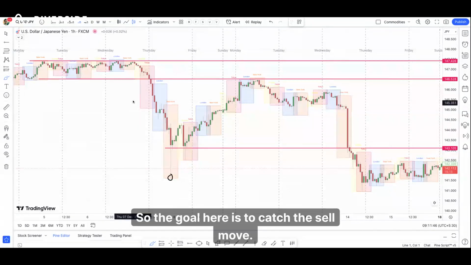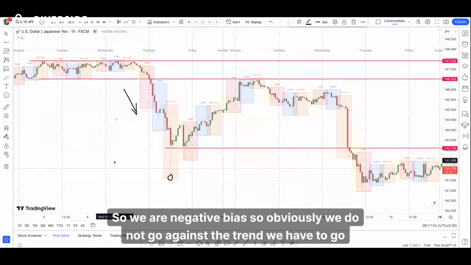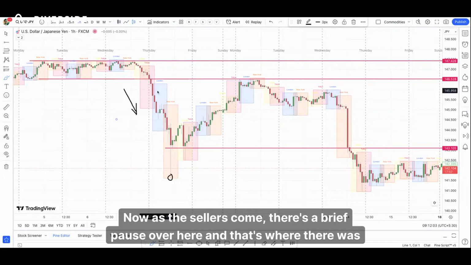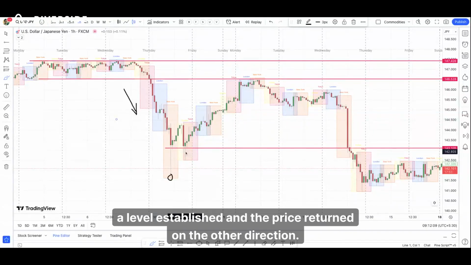So the goal here is to catch the sell move. We have a negative bias, so obviously we don't go against the trend. We have to go with the trend, and the trend says that it is a bear market. It's in the seller state. As the sellers come, there's a brief pause over here, and that's where a level was established and the price returned in the other direction.